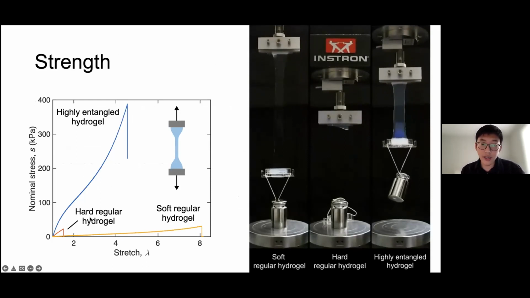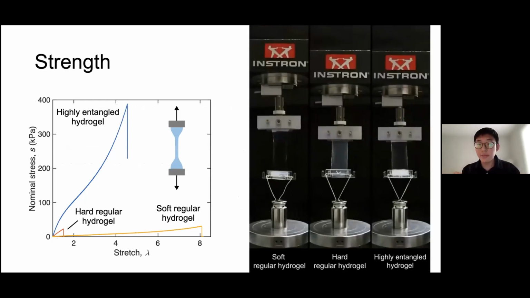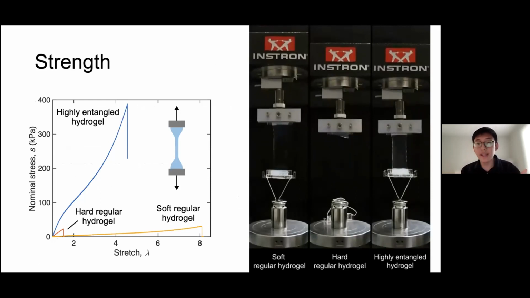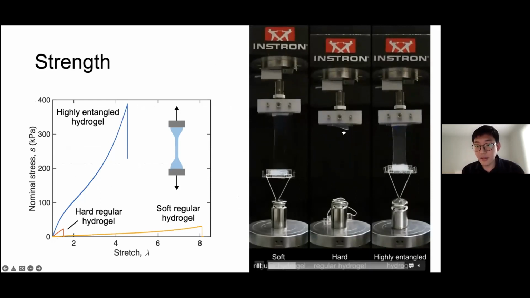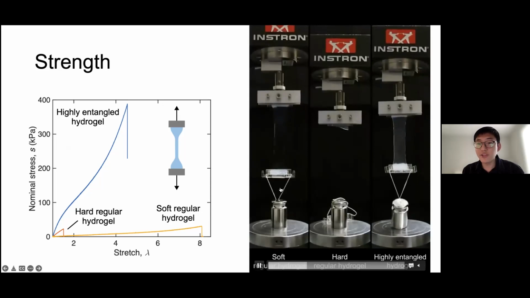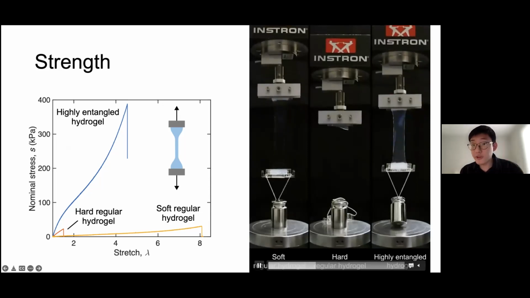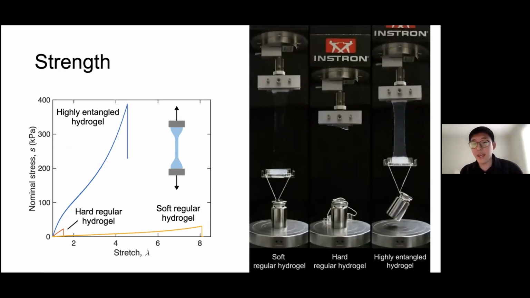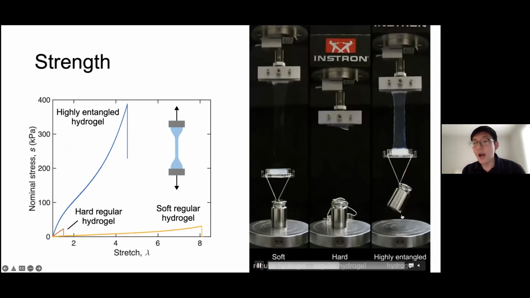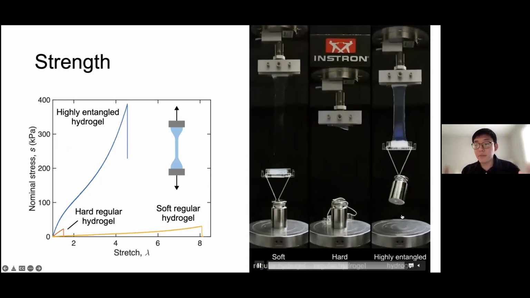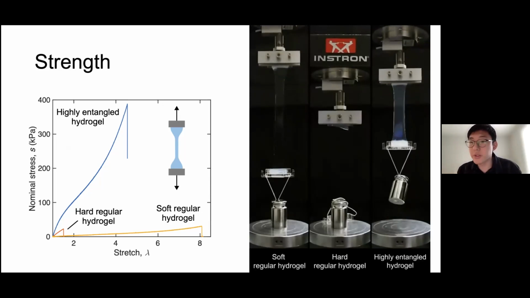Stiffness can be similar by putting more crosslinker, but the regular hydrogel becomes brittle and the strength is limited like this. The soft one is too soft. It's more stretchable, but cannot lift a mass like this, but the highly entangled hydrogel can be used as a load-bearing material because it is stronger.